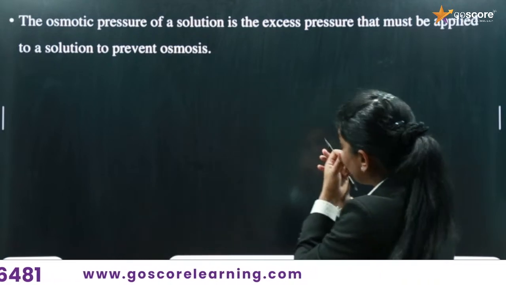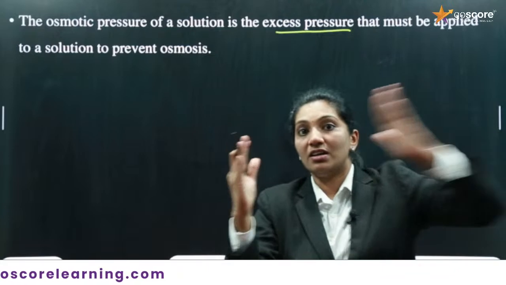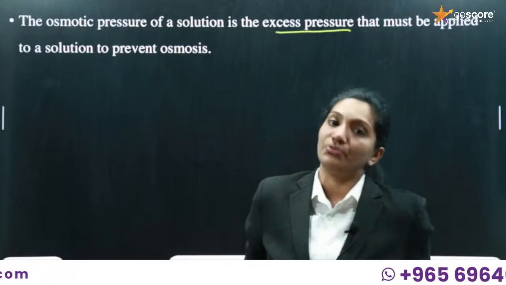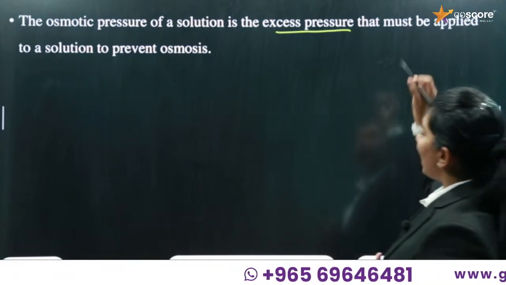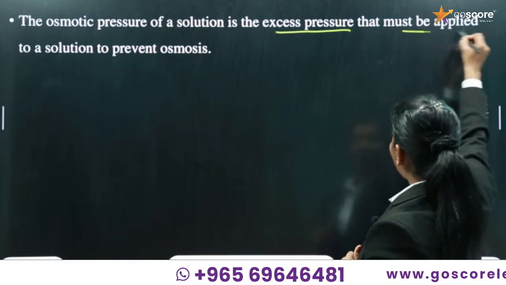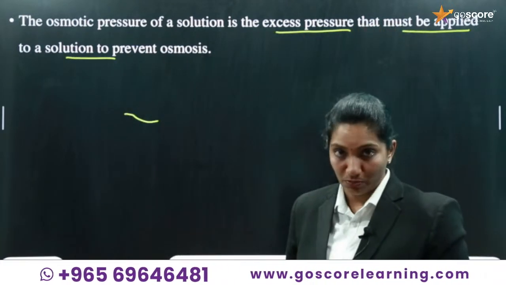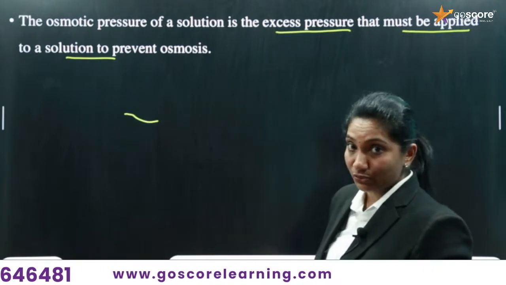The osmotic pressure of a solution is the excess pressure, the pressure we are supplying to the solution to stop the flow of solvent. It's what we call the osmotic pressure. The excess pressure that must be applied to the solution to prevent the osmosis. Okay, so I think the osmotic pressure is clear for you, right?